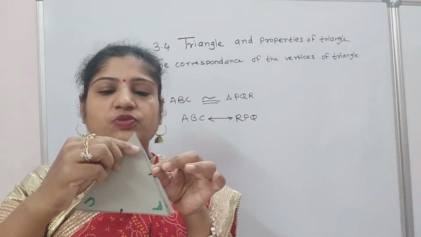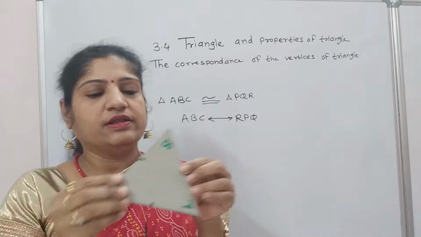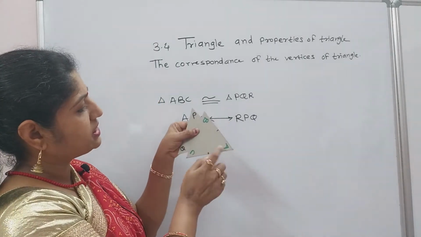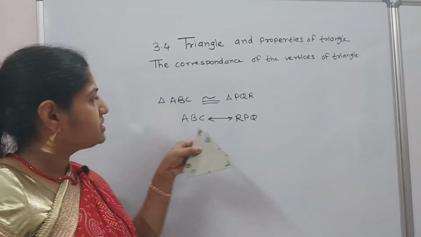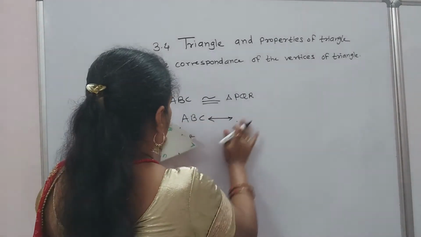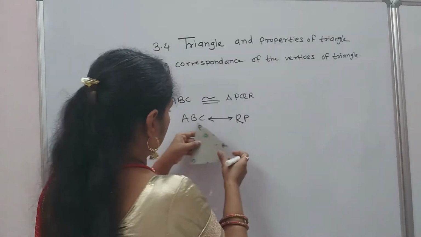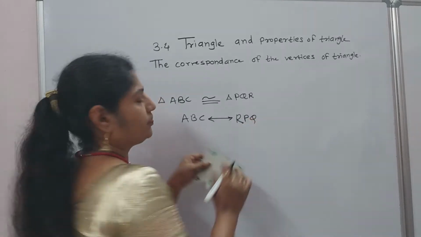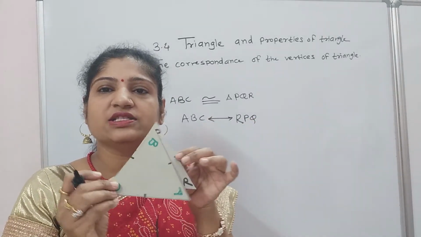At any correspondence I change, the triangles are congruent. This correspondence is AR, BP, CQ, that is ABC, AR, BP and CQ. For an equilateral triangle, there are 6 correspondences.